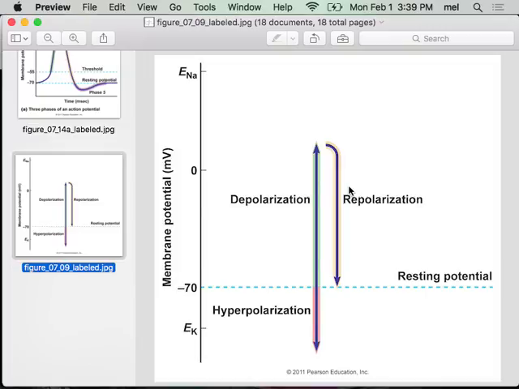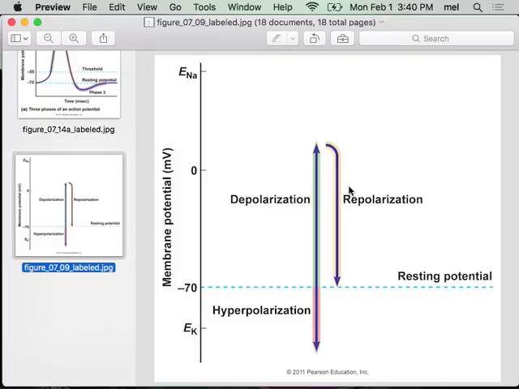Gated sodium channels opening or gated potassium channels opening. Anybody want to hazard a guess? Go ahead. Which one would cause depolarization? Opening gated sodium channels or gated potassium channels?